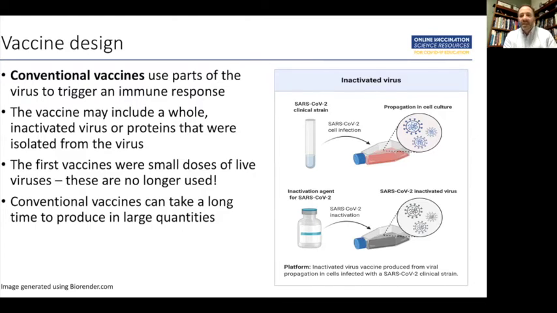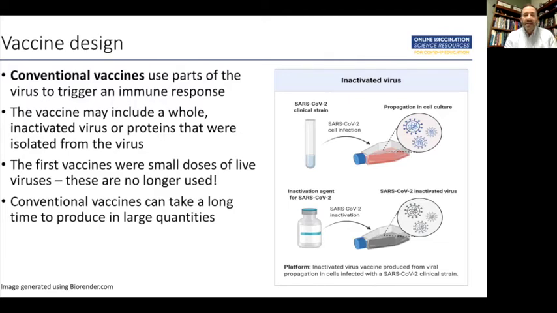The figure in this image just shows you how this conventional vaccine production might work. Here it shows a SARS-CoV-2 clinical strain being grown in the laboratory in a little flask in the upper right. Those are allowed to infect cells that are growing in that flask. And they reproduce. The virus replicates itself and becomes more numerous.